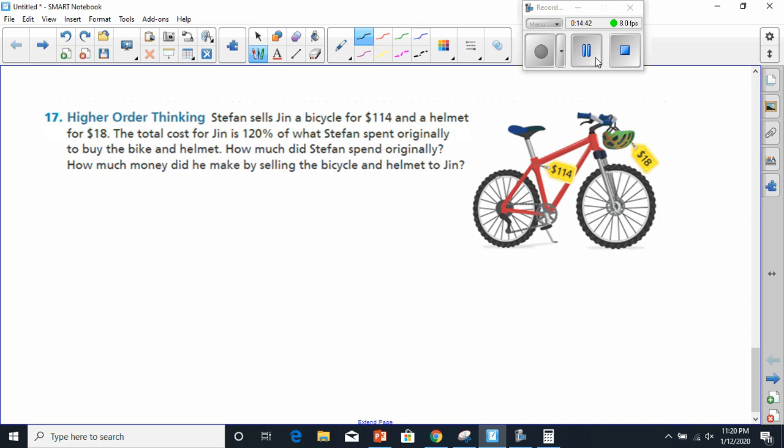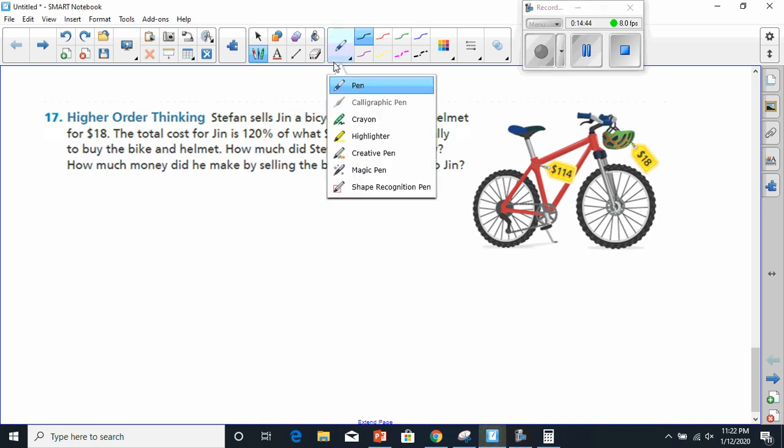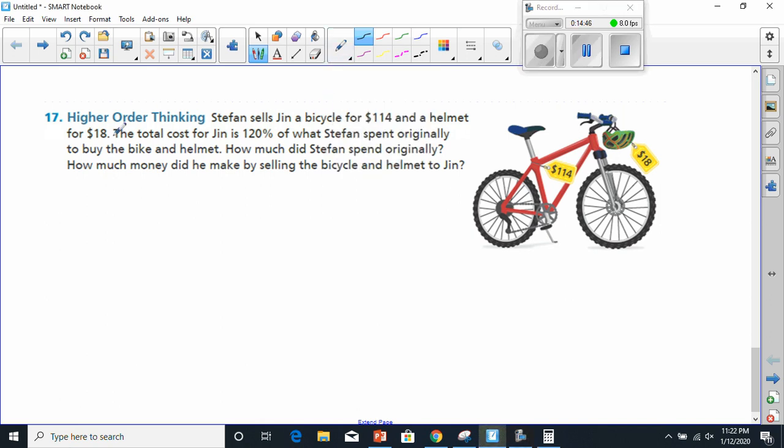Well, let's set this up like we usually do. First, we have to get the total price that was spent on the helmet and the bike, which is 114 plus 18, and that's going to give us 132. So Jen bought the bike and helmet for $132.